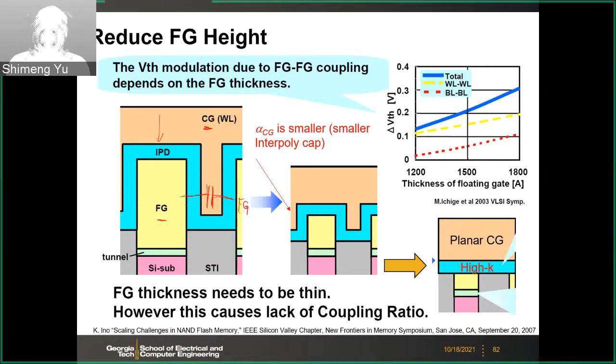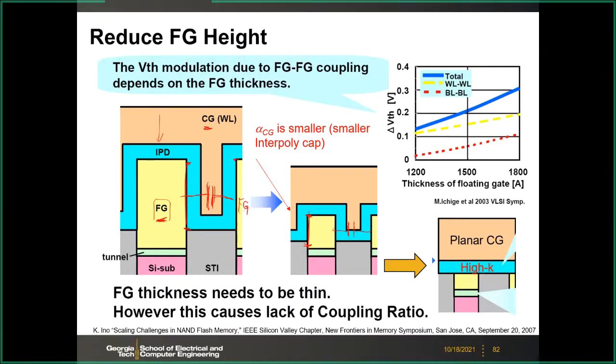So one way is to reduce the floating gate height. This is polysilicon, so you can reduce the height. This coupling capacitance depends on the overlapping area, right? If you reduce the height, then the coupling capacitance will reduce.